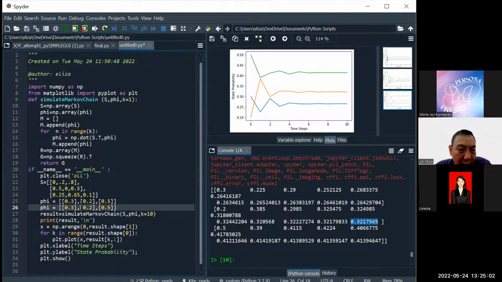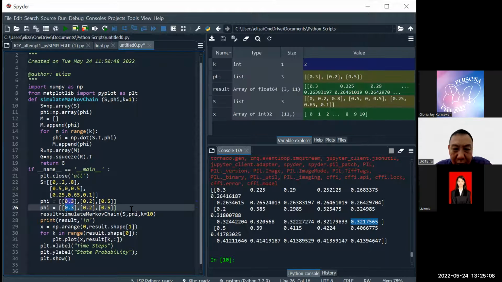So 0.321 something, right? You can copy that value, and then 0.4 something, right? And then the last one is 0.41.